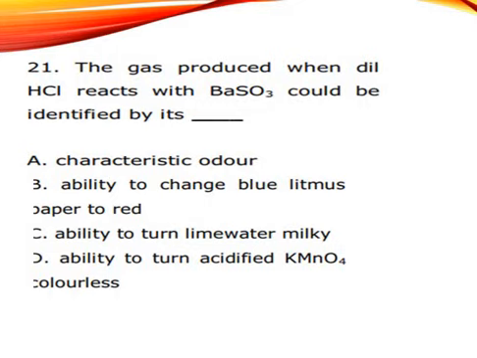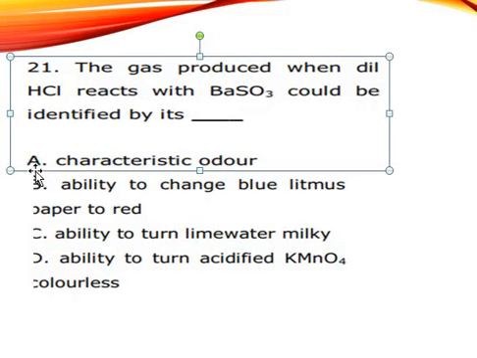So actually, when you react barium trioxosulfate with hydrochloric acid, you're left with barium chloride and SO2 and also water. The presence of that SO2 gives a pungent smell. That means when you undergo this reaction, you will be able to identify the gas by its characteristic odor. That's your SO2 gas. So your answer is A, characteristic odor, your sulfur 4 oxide.